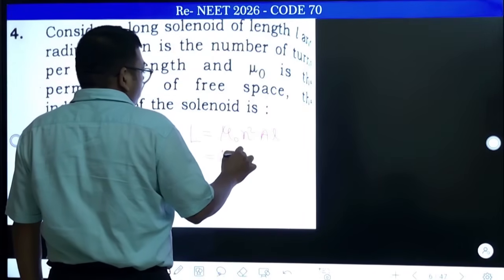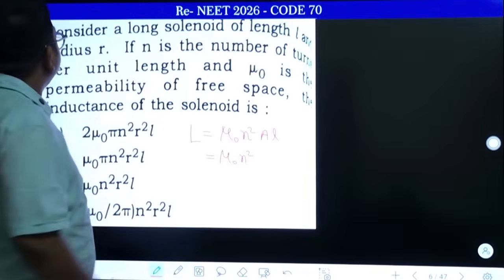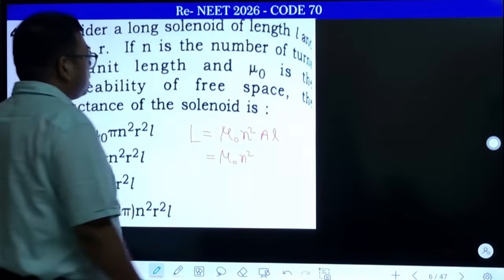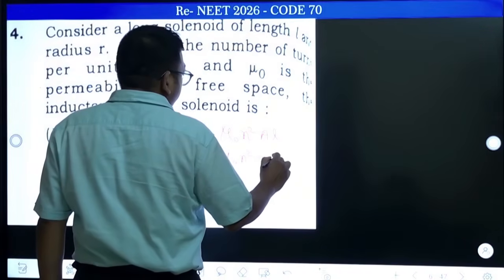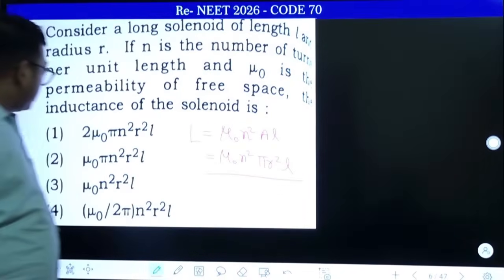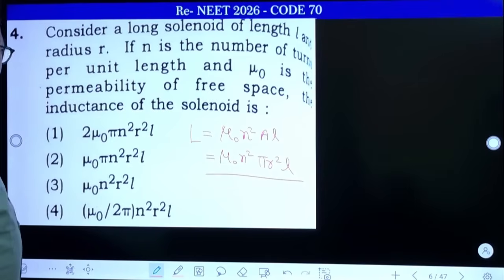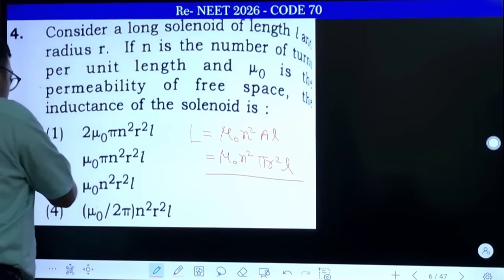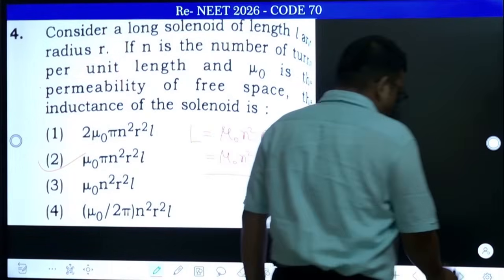Area is just a circle of radius r, that will become pi r square into l. Direct formula, mu naught pi n square r square l. Second option.